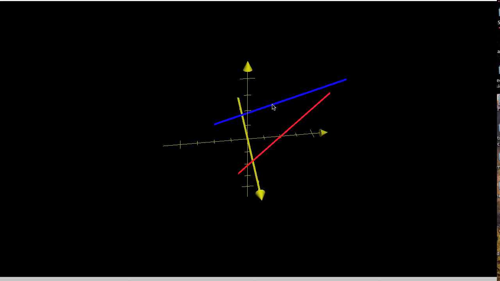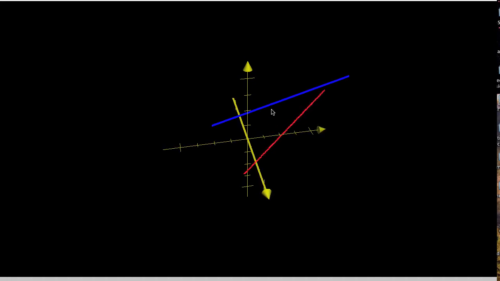So what I have is the two points on the red line and the blue line which are closest to each other, and I've just made the argument that the line connecting those two points must be perpendicular to both the red line and the blue line.